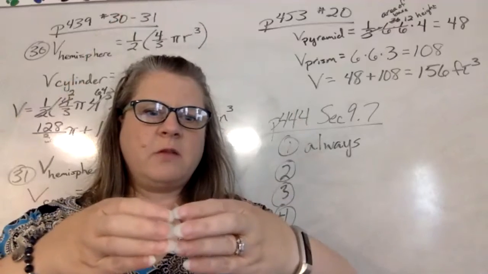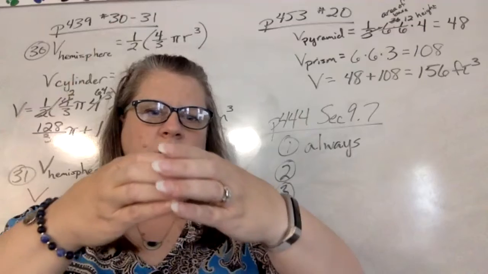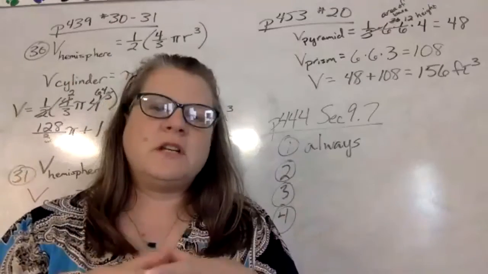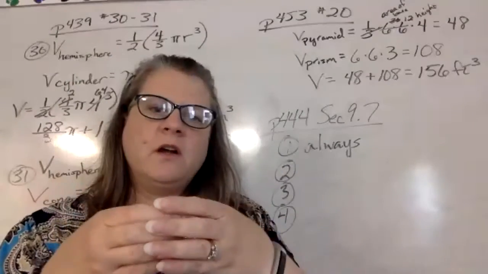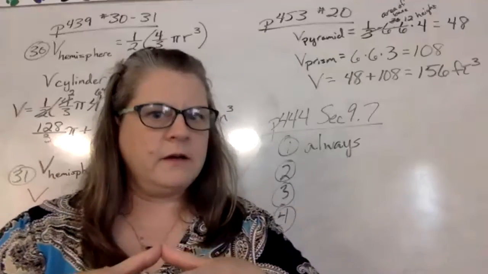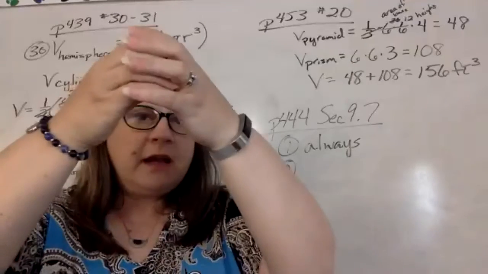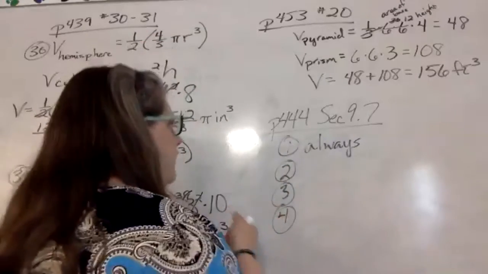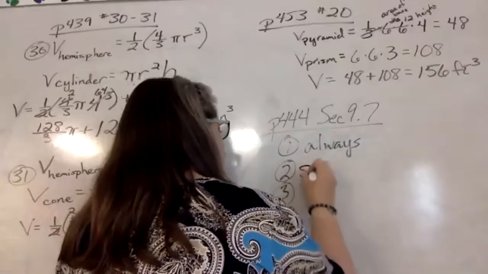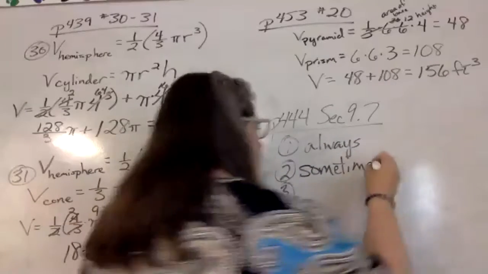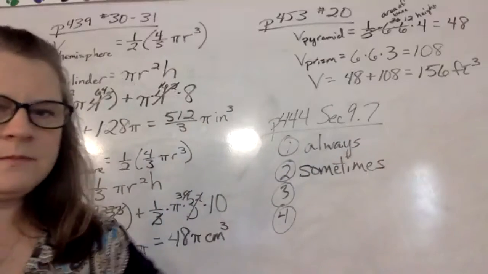They're going to get smaller. There are still circles around the sphere, but they are not a great circle around the widest point of the sphere. Because they're going to end up getting smaller as they go farther north. So that one's going to be sometimes, because your equator is, but the rest of them are not.